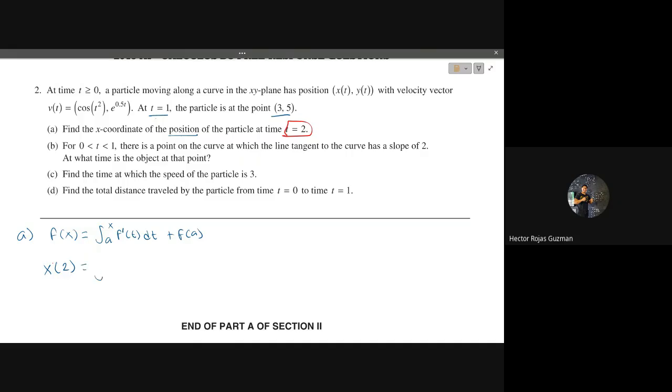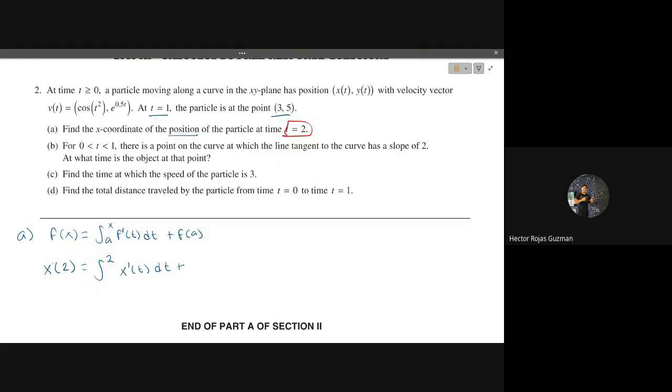X of 2 is going to be the integral from something to 2 of the derivative of x, only x, plus f of a. So what's a and f of a?